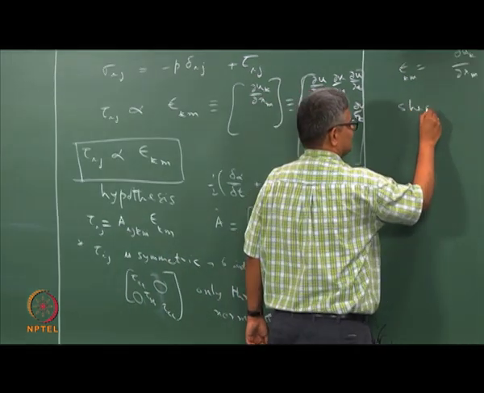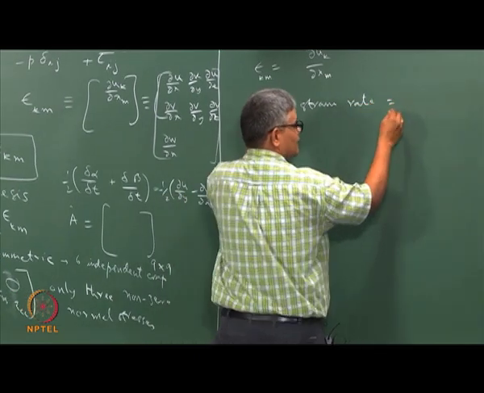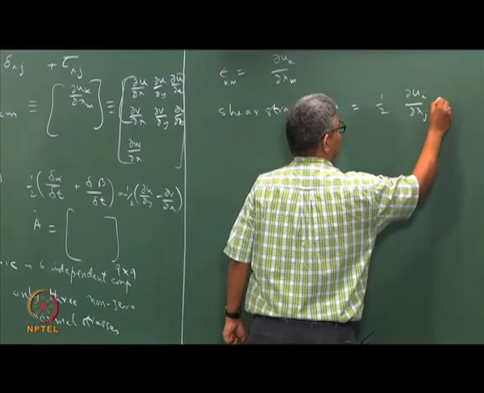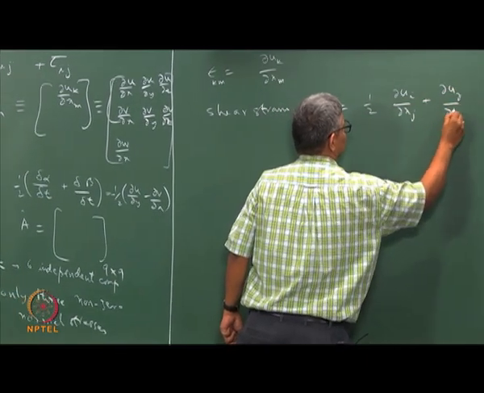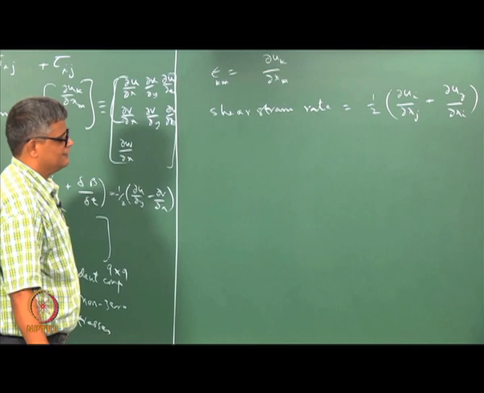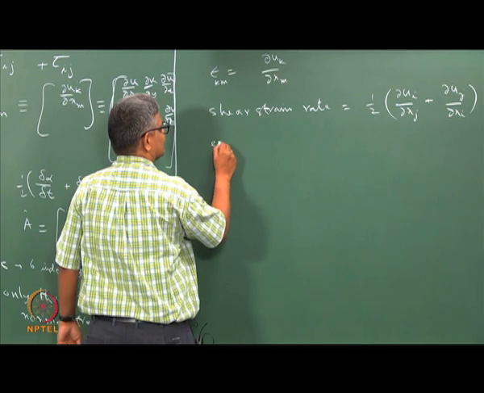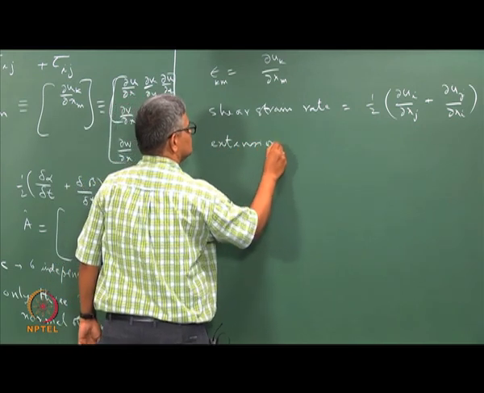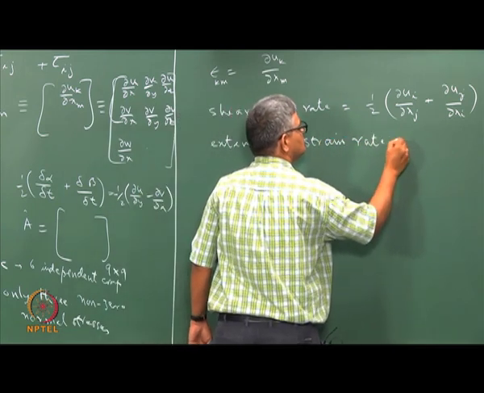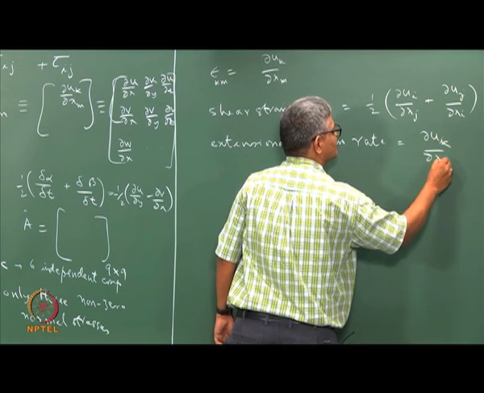So the shear strain rate is expressed as half of dou u i by dou x j plus dou u j by dou x i, okay, in the general case, and we can see that this is symmetric, and extensional strain rate is dou u k by dou x k.